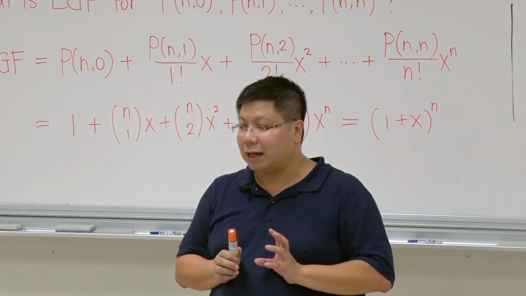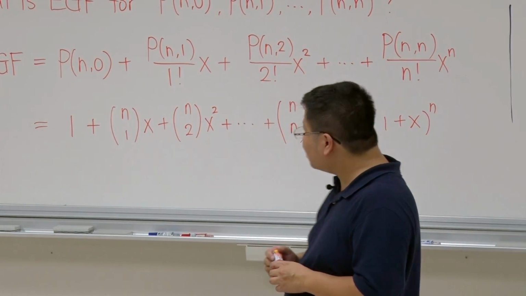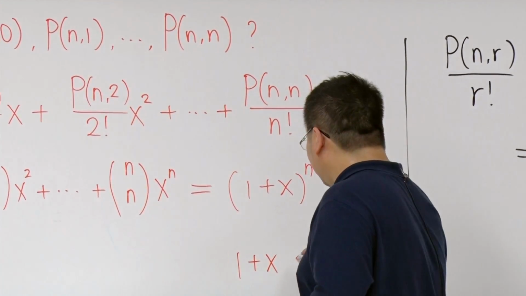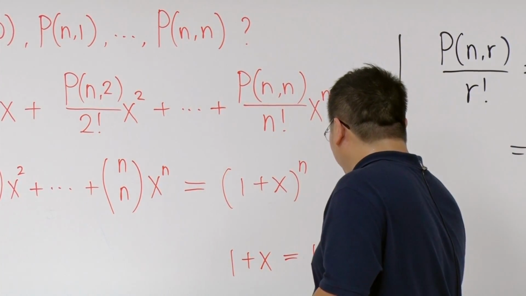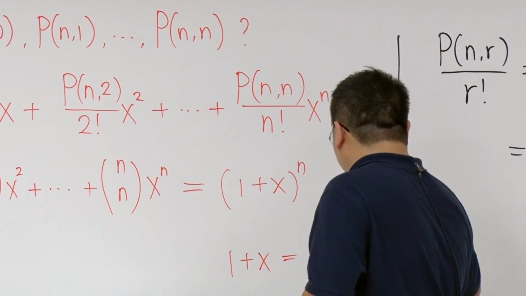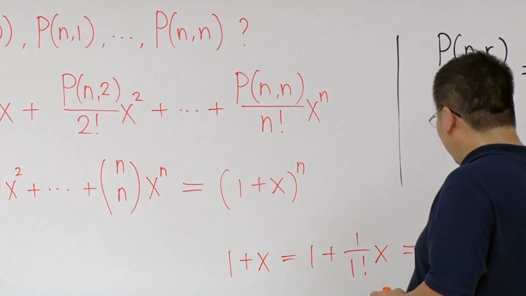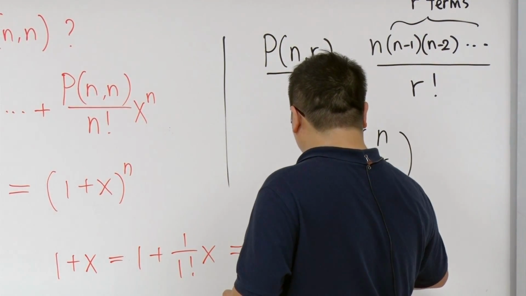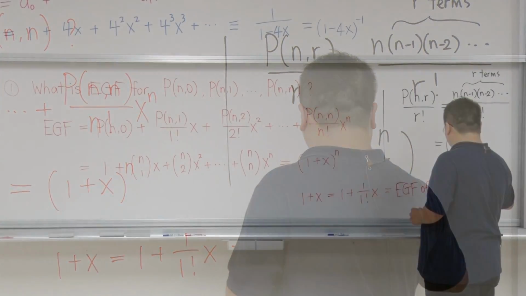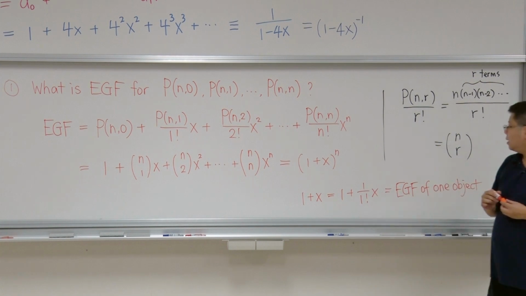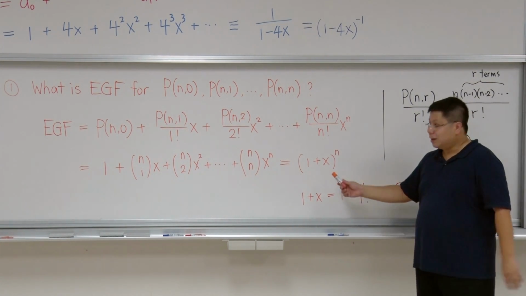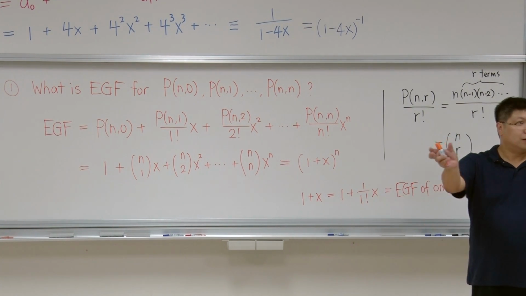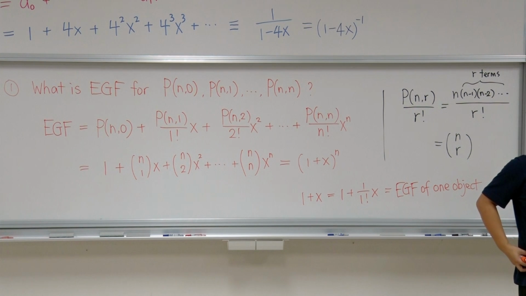So in that sense, each of these terms, 1 plus x, is equal to 1 plus 1 over 1 factorial times x. So this is something like the exponential generating function of one object. And then (1 plus x) to the power n is like the exponential generating function of the n different objects multiplying together.